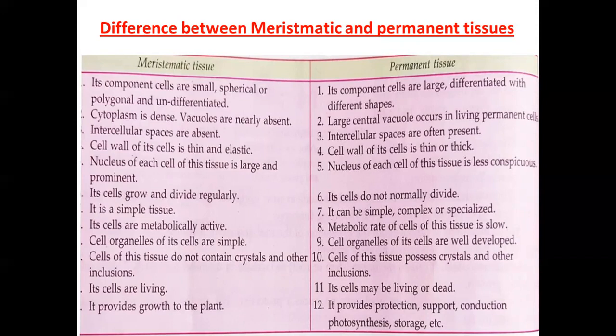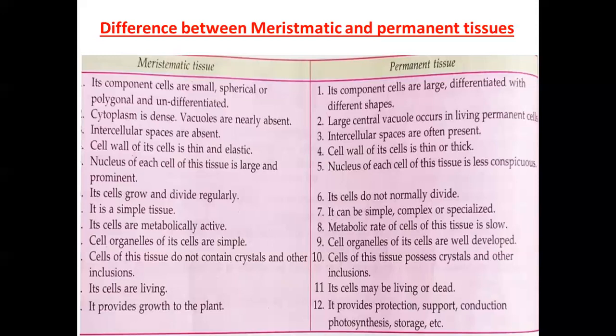In meristematic tissue, the cells are metabolically active. In permanent tissue, the metabolic rate of cells is slow. In meristematic tissue, the cell organelles are simple. In permanent tissue, the cell organelles are well developed.